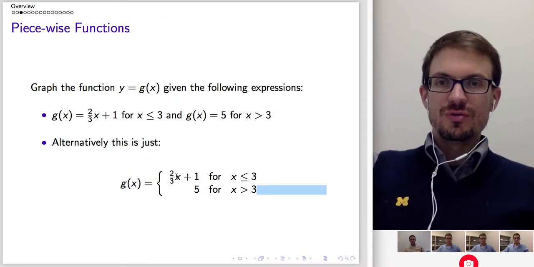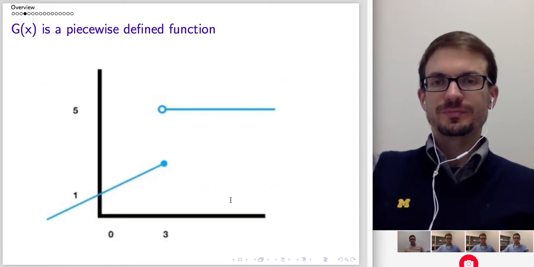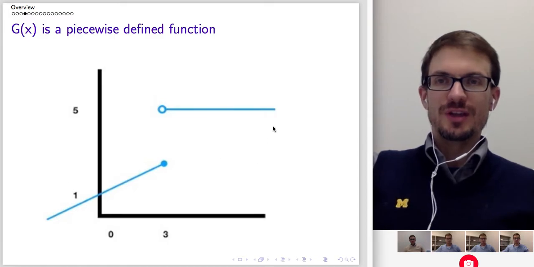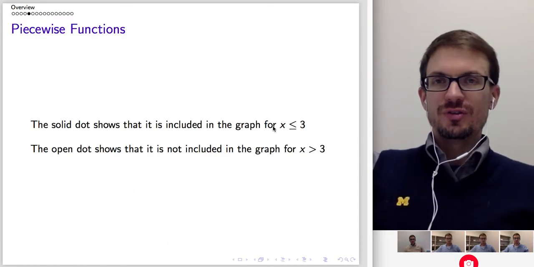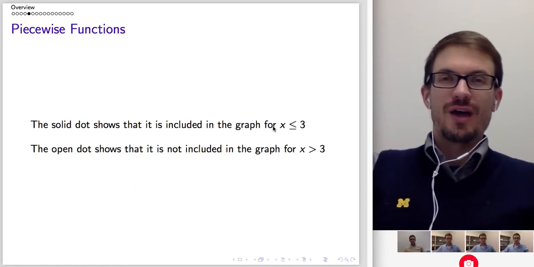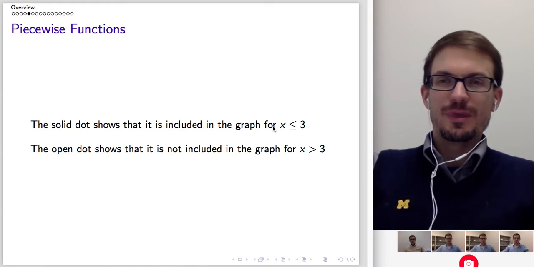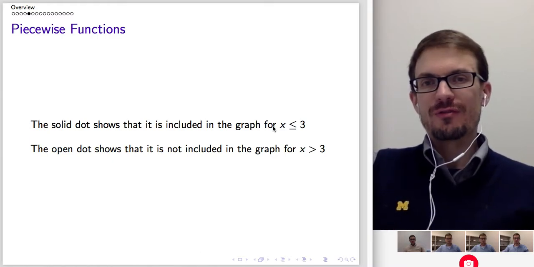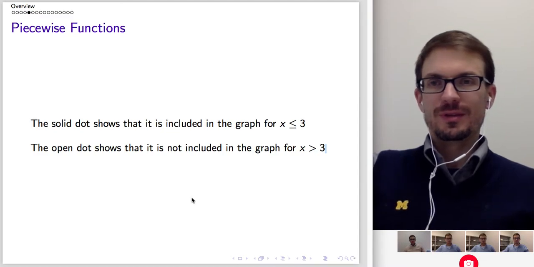Sure. 2/3 x plus 1, closed interval up to 3, is inclusive of 3. And then for values of the domain past 3, we have an open interval. Yep, so indeed that's correct. The solid dot shows that it's included in the graph for x less than or equal to 3. The open dot shows it's not included in the graph for x beyond 3.